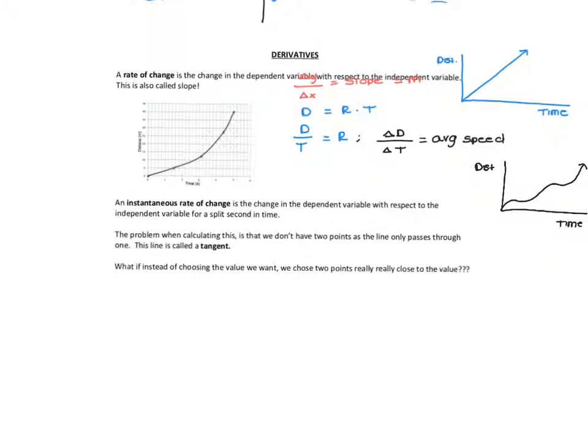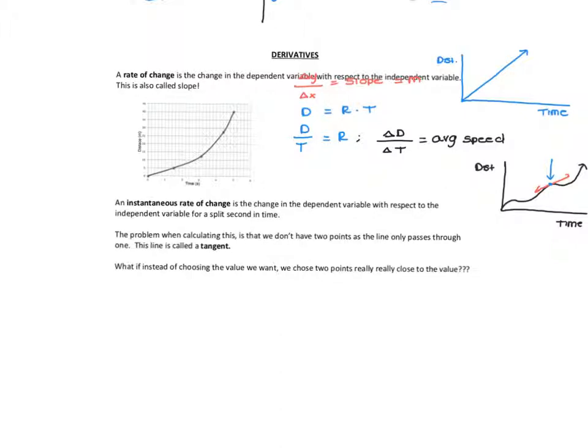The problem in calculating this is that we don't have 2 points, as the line only passes through one. This is called a tangent. So anytime we're finding the instantaneous rate of change, for example, maybe I want to find the slope right there for that point.